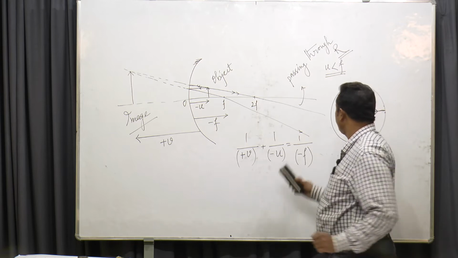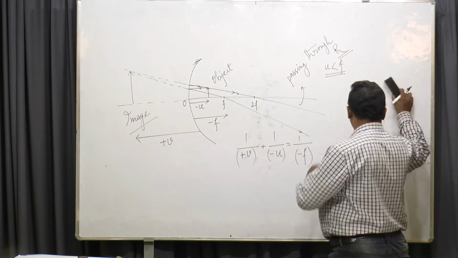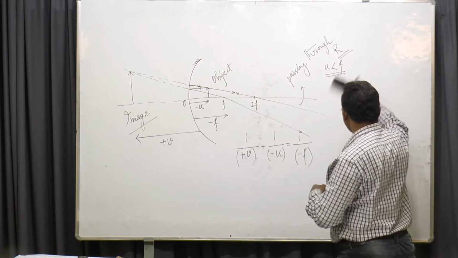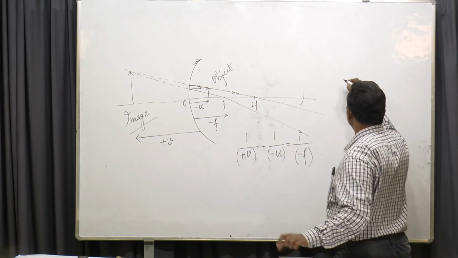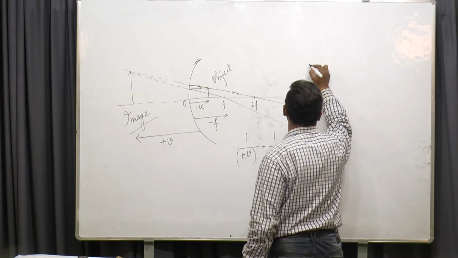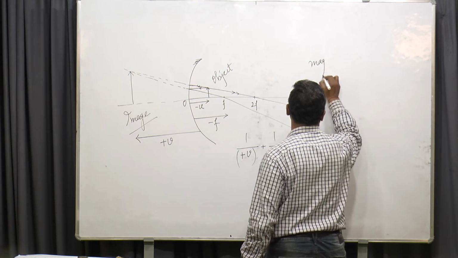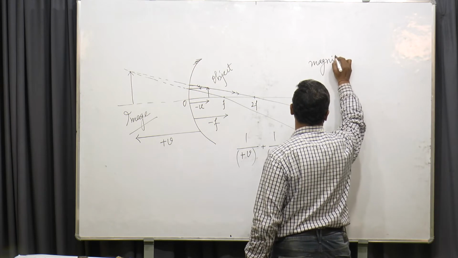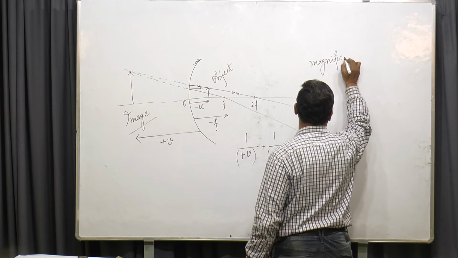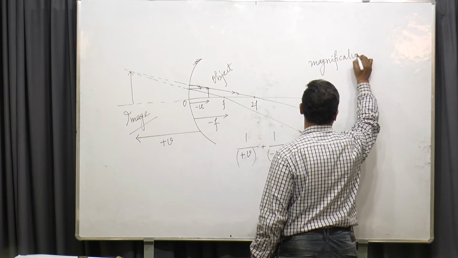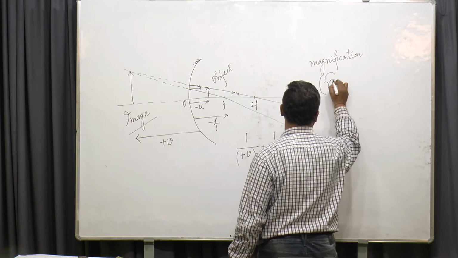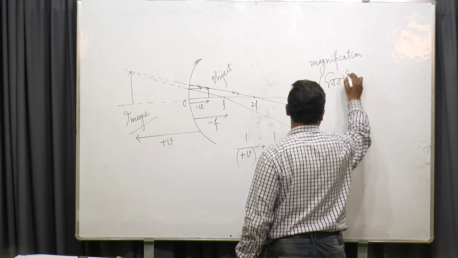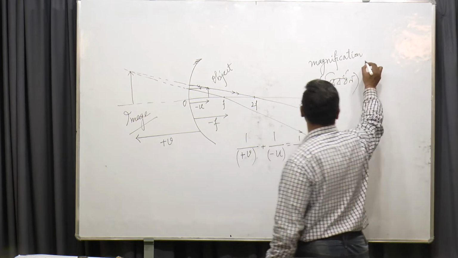Obviously one factor is there, this is called magnification. Magnification is also called Vivardhan.